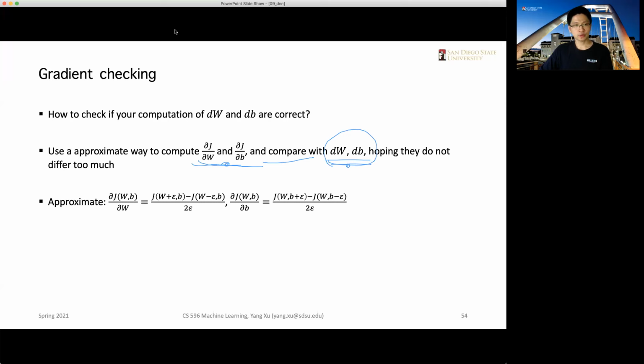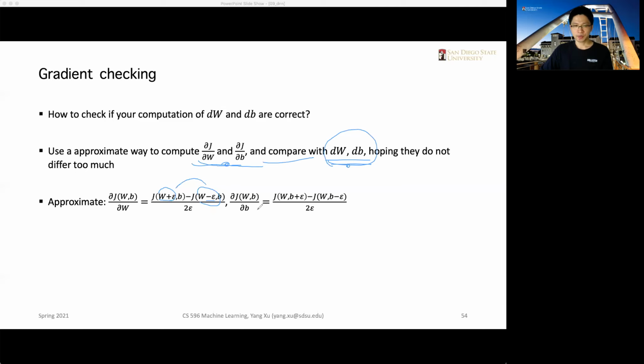What we can do with the approximation is increase and decrease the input values for w a little bit, with plus epsilon and minus epsilon, and measure how different the output will be.